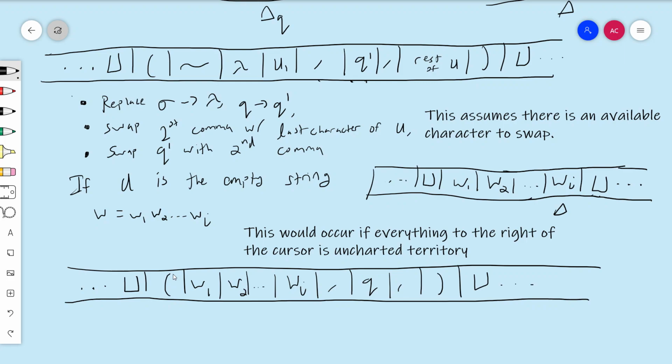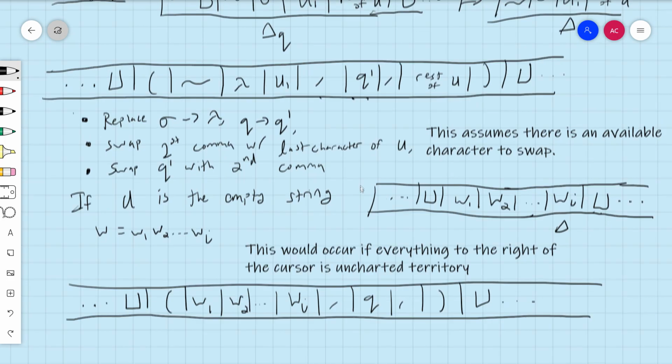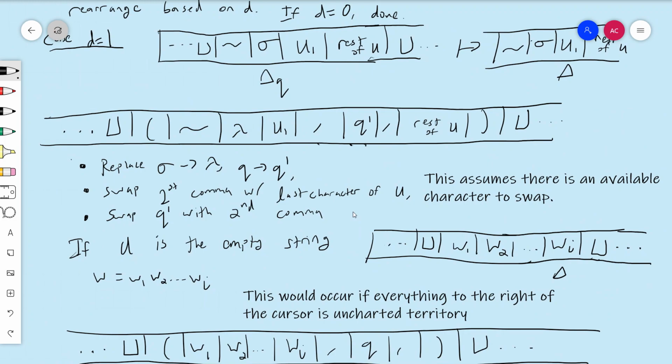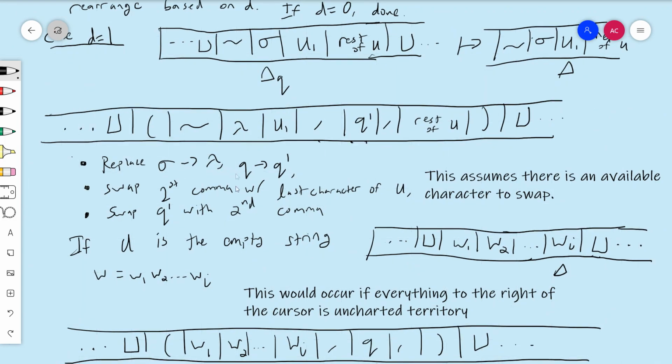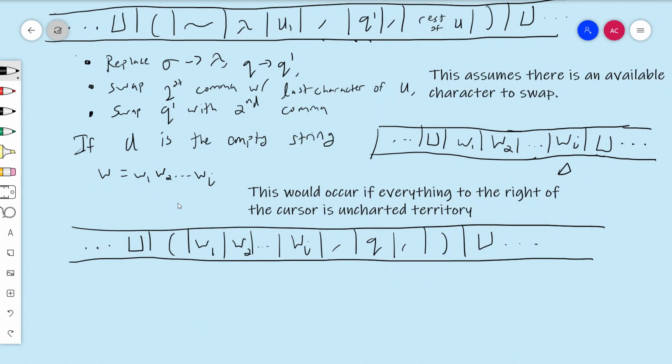And so in that case, this kind of algorithm that I wrote out for doing the swaps, that doesn't work. I can still do this first step where I replace sigma with lambda and replace Q with Q prime. Let's go ahead and do that. So I replace Wi, that would be sigma in this case, with lambda and Q prime. I can do that step, but there's nothing to swap over here.